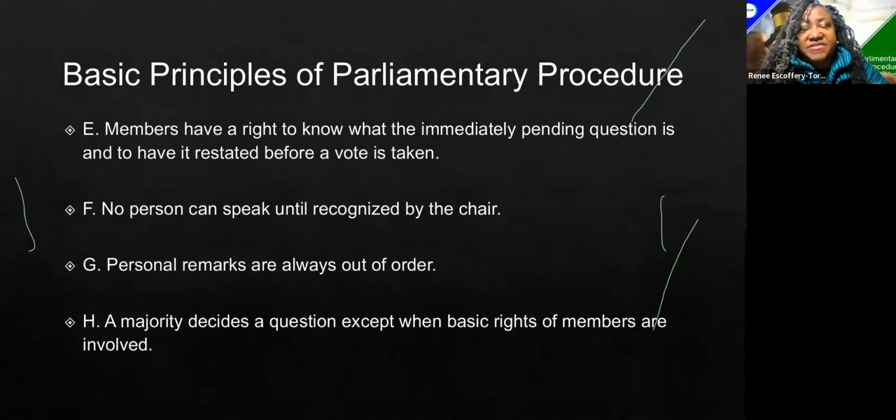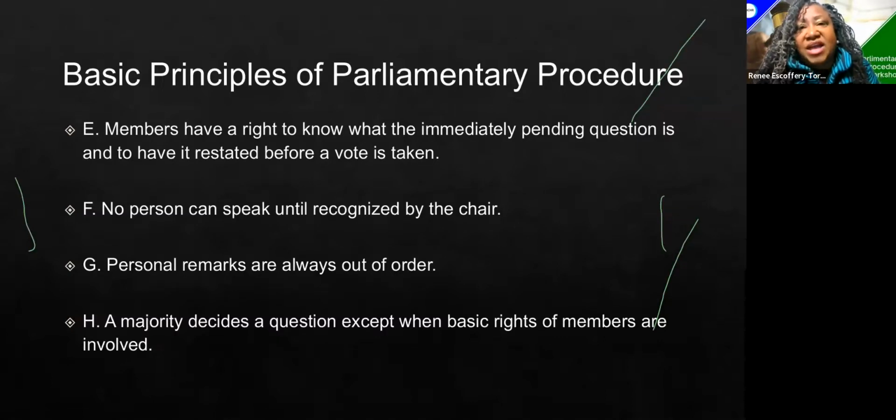She is the one that lists the motions. So if you know that you're going to make a motion, even if you scribble it quickly, and of course, when we were in person, this was a little easier, but members have a right to know what the pending question is and to have it restated by the presiding officer.